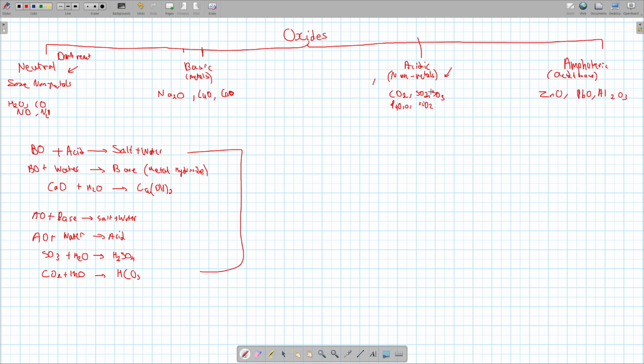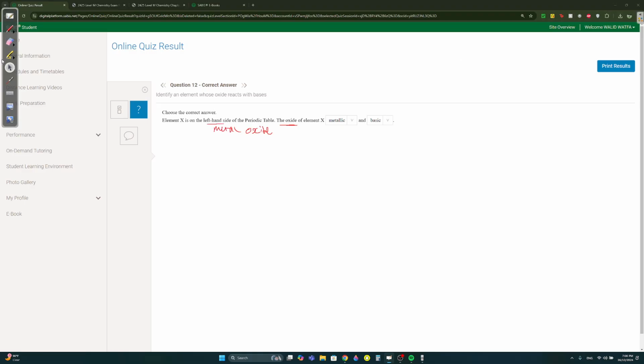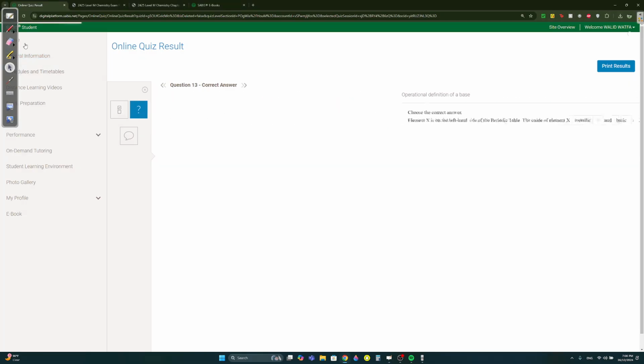Acidic ones are non-metals like CO2, SO2, SO3, P4O10, SiO2. CO is neutral, CO2 is acidic. And the amphoteric ones are very important: zinc oxide, PbO, Al2O3. They ask about it in one of these questions.